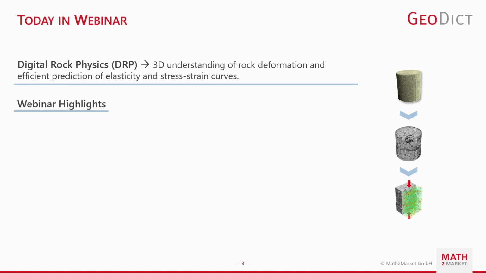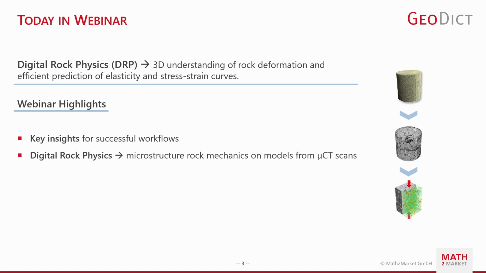So in this webinar, we will focus on some key insights for successful workflows, what are also common challenges in experiments and in numerical predictions. And we'll go through the workflow showing what actually comprises the digital rock physics approach for geomechanics, where you predict the rock's properties directly from micro CT scans.